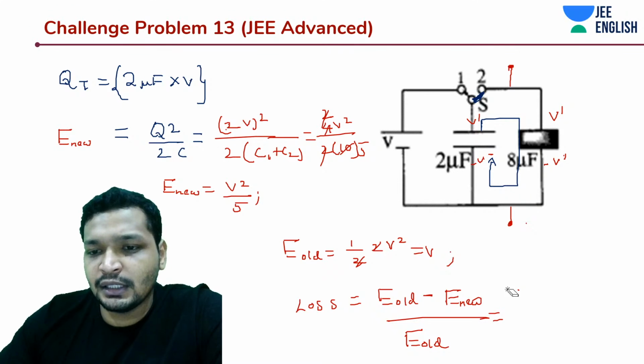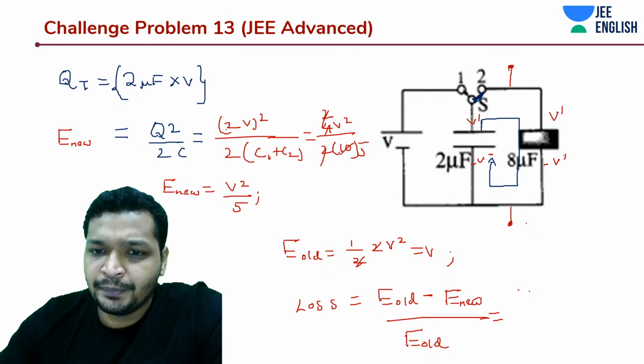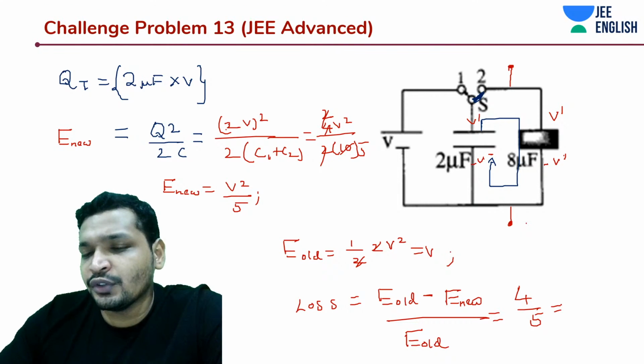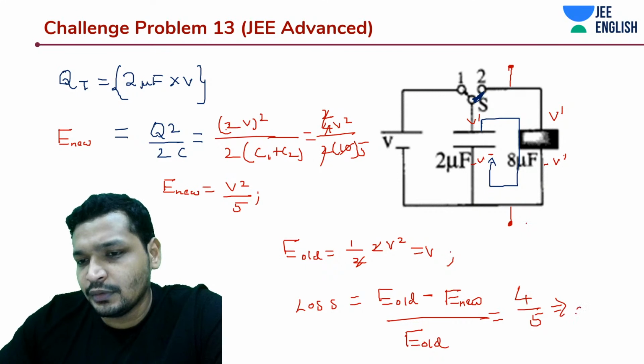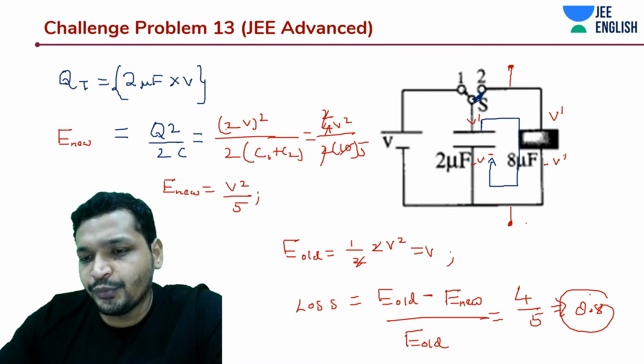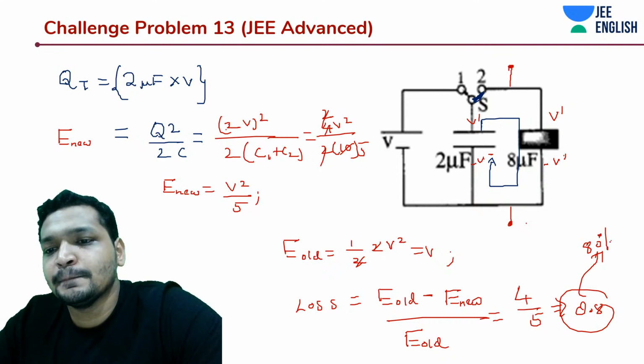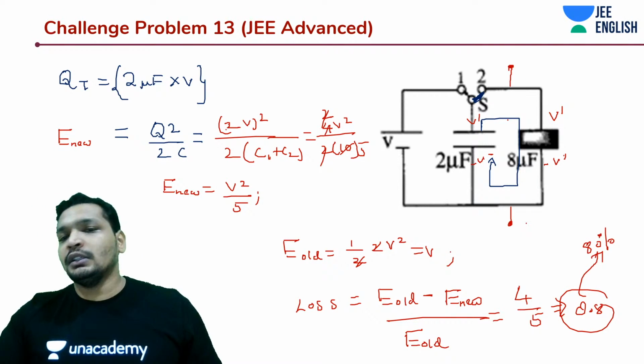Okay, that is basically 1 minus 1 by 5 divided by 1. Okay, so it's basically 4 by 5 into 100. That is going to give you 80%. Yeah, true. That's my mistake. Okay, potentials are equated, so they are in parallel.